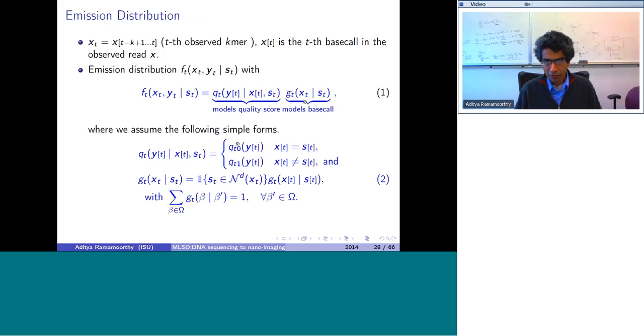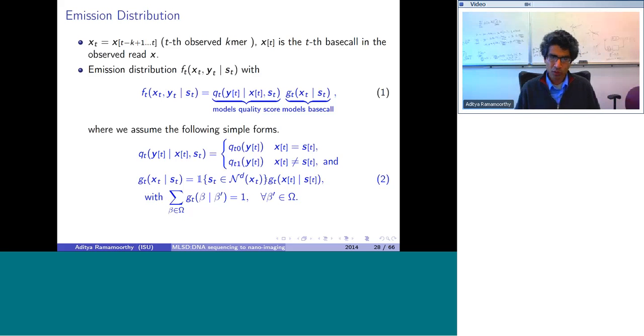The second part models the base call. It says that if you are at a particular k-mer, you will be emitting one of four possibilities, A, C, G, or T, and those probabilities will sum to 1. But in addition, you have this particular indicator function that I have here, and I'll explain this in a little more detail later.